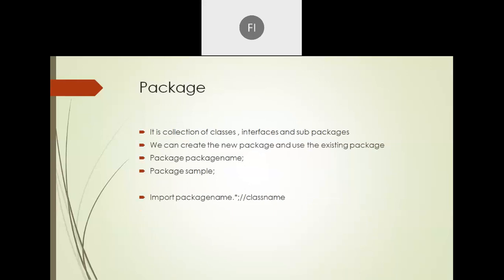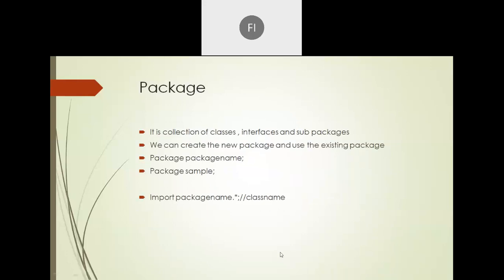And the next one is package. Generally, if you write any program in Java, if you have a little touch of it, we write import statements, right? That import means we are importing some package. In Java, the folder structure is what we call packages. A package is nothing but a folder in Java where we can hold programs like classes and interfaces. If you want to create a new package, we use the keyword package.